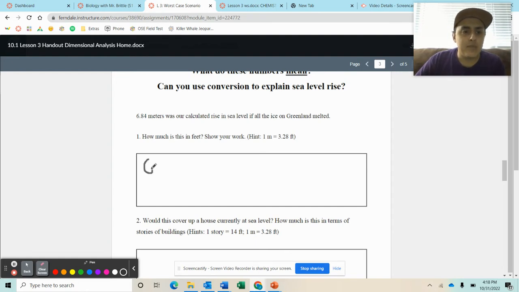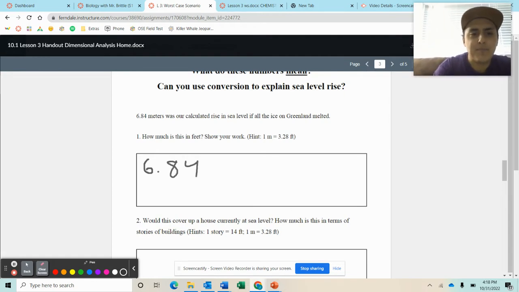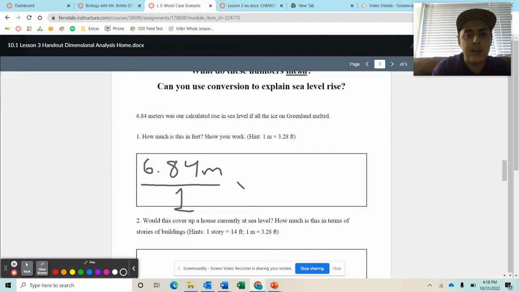So our starting number is 6.84 meters. And remember, I don't think it says it in the part above, but I want you to get used to doing this because I think it's going to help a lot of you visually. That's going to be over the number 1, over 1, and then times our conversion factor.